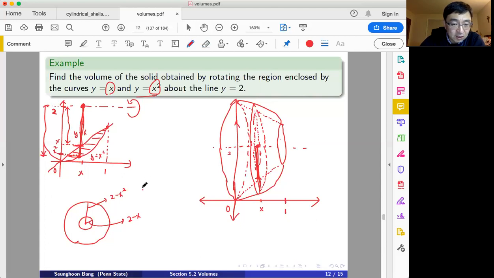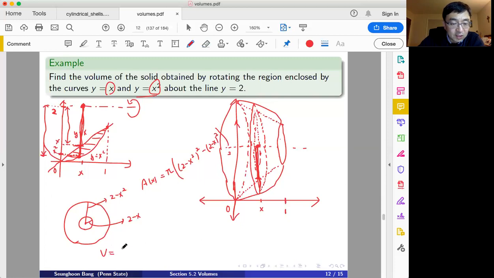So what is A(x)? Pi times the outer radius squared, (2 minus x squared) squared, minus the inner radius squared, (2 minus x) squared. So we have it. What's the volume?